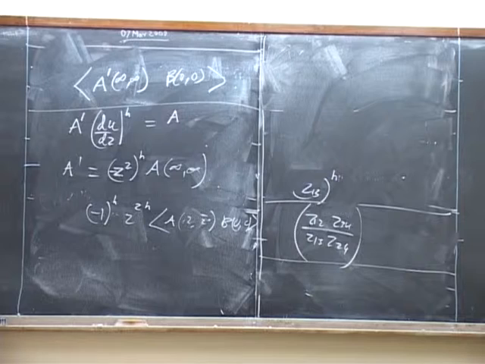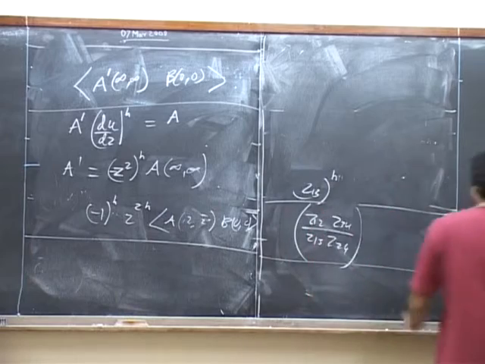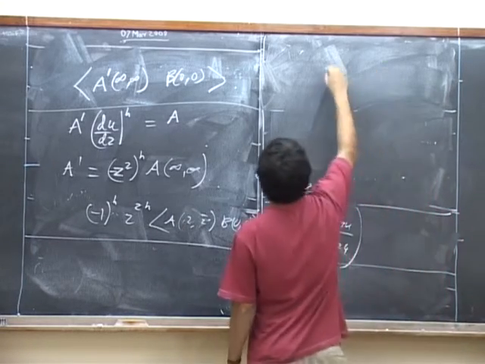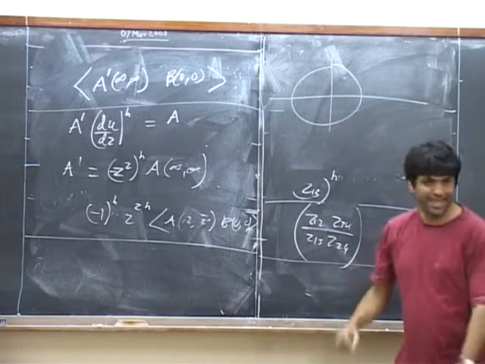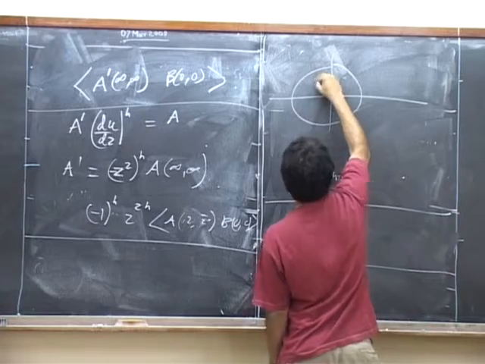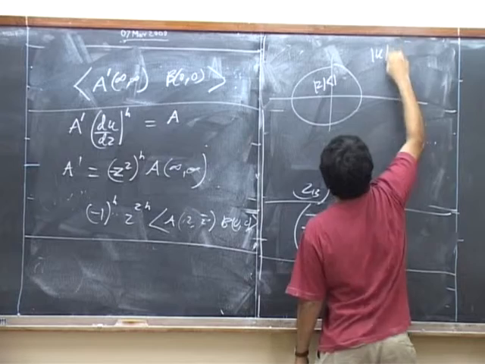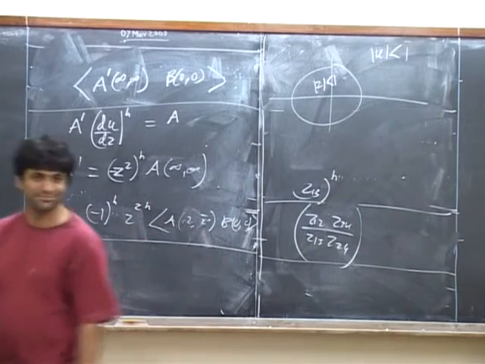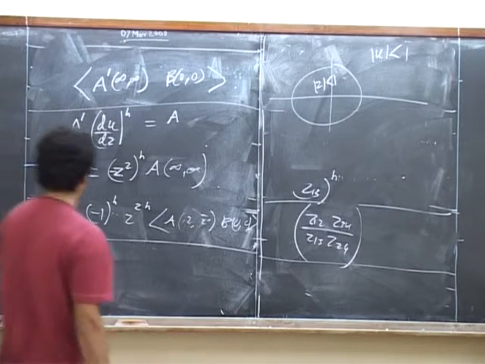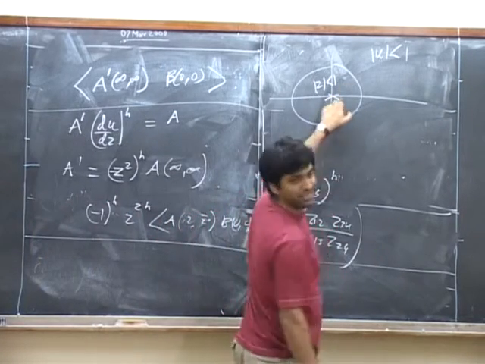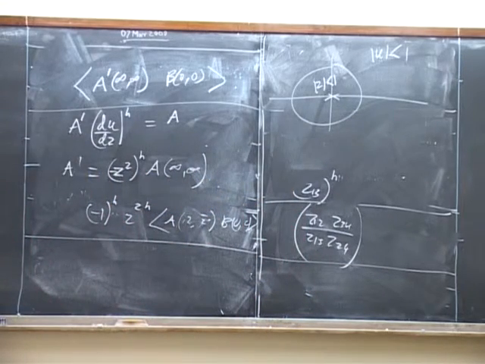Now let's try to understand what this quantity is. In order to understand that, let's take the sphere, the complex plane, and divide it into two regions: the region mod z less than 1, and the region mod u less than 1. Now, we know what the path integral with an A insertion in the mod z less than 1 disk gives us on the boundary of that disk.